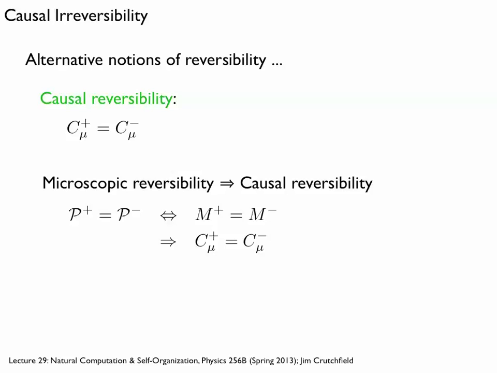What we really should be talking about is whether the two machines are the same, but just so we have something quantitative, we're going to define causal reversibility as when the statistical complexity is the same. So note that this previous notion of microscopic reversibility implies causal reversibility. Namely, if the forward and reverse processes are the same, then their machines are the same. If the machines are the same, then their statistical complexities are the same. The opposite isn't true.